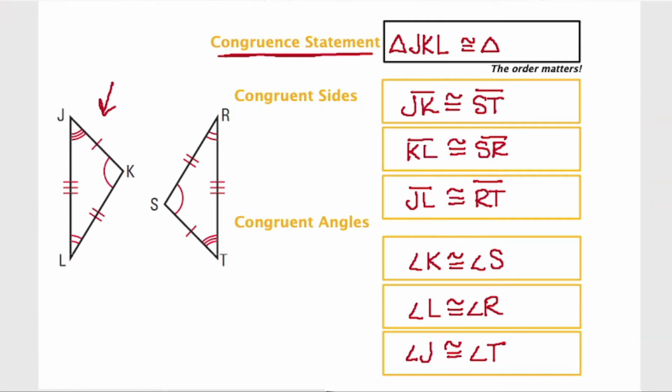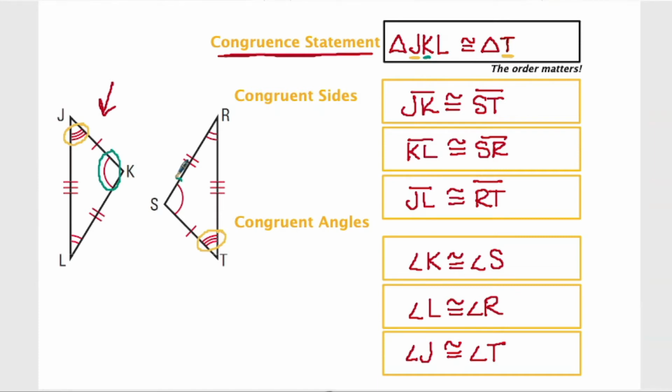Did you notice that I started with the letter J in the first triangle? That was my triple swoop vertex, right? So that means that for my second triangle, I need to start with my triple swoop vertex. So I have to start with the letter T. Then I moved to vertex K, which was my single swoop.